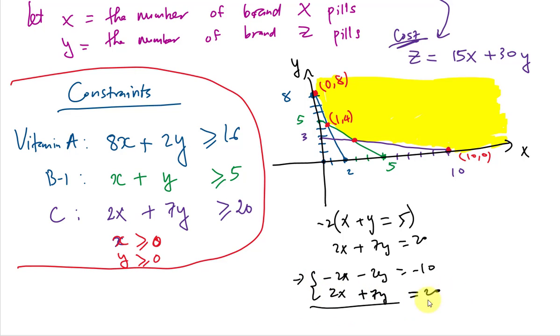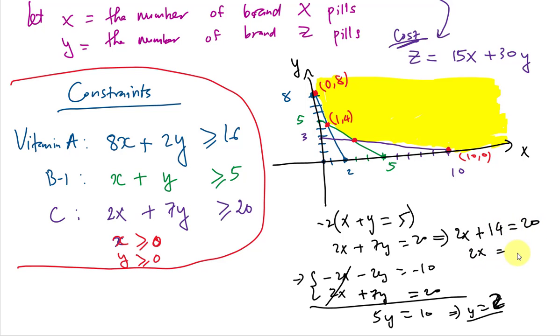Because now I can add them. -2x and +2x, they are gone. 7 minus 2, 5y. 20 subtract 10 is 10. So divide both sides by 5. My y is going to be 2. So with y equals 2, I can go back to this equation. I have 2x plus 7 times y. y is 2, so 7 times 2 is 14, equals 20. Then 2x equals 20 subtract 14, that is 6, and dividing both sides by 2 gives me 3. So x is 3 and y is 2 is this location.